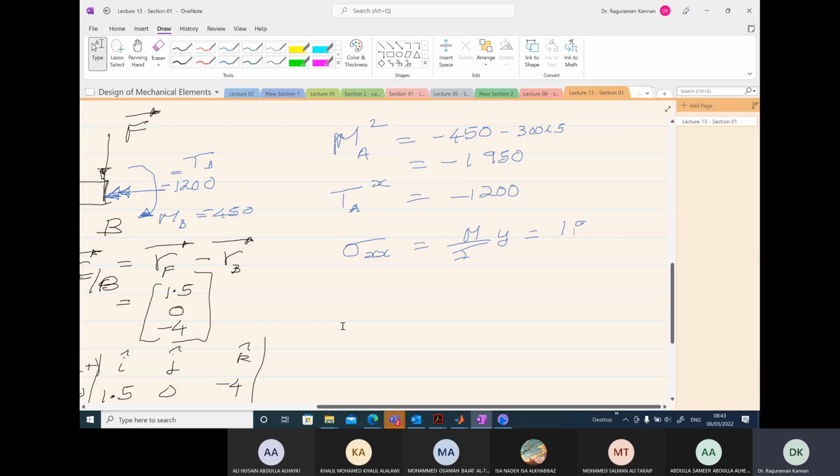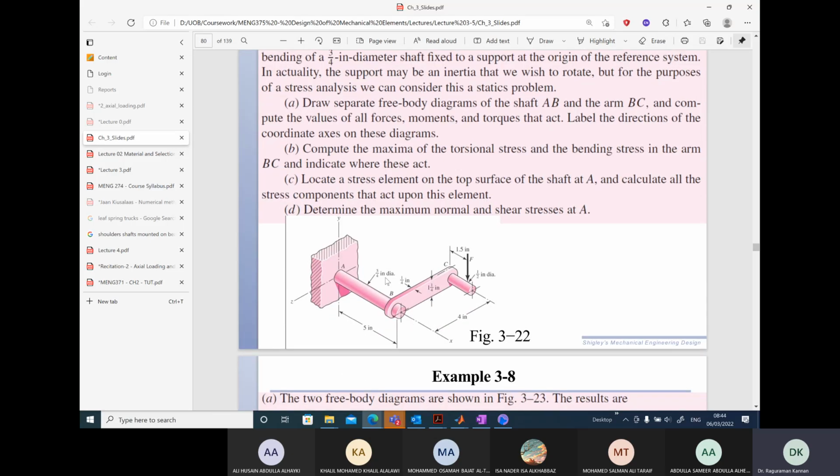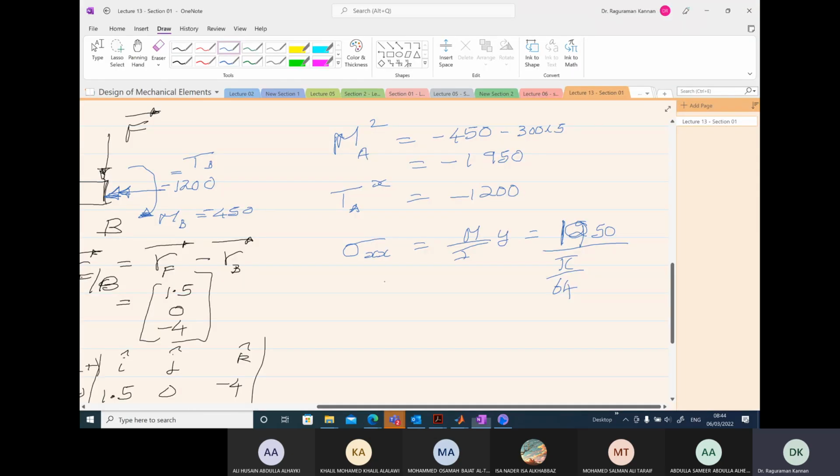So we'll just take it as the positive quantity. 1950, pi over 64, the diameter to the power 4, where we are given the diameter 3/4 of an inch. And here we'll have half of 3/4 inch.